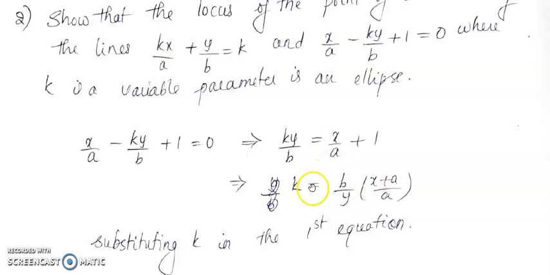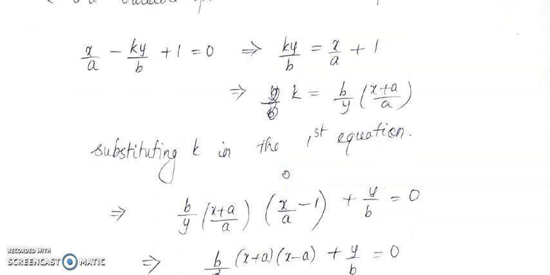So I will substitute this k value into the first equation, and hence we can eliminate the value of k. That will give us the equation of the ellipse. So substitute k in the first equation. The first equation can be written as k into x by a minus 1 plus y by b equal to 0. So let us substitute k.